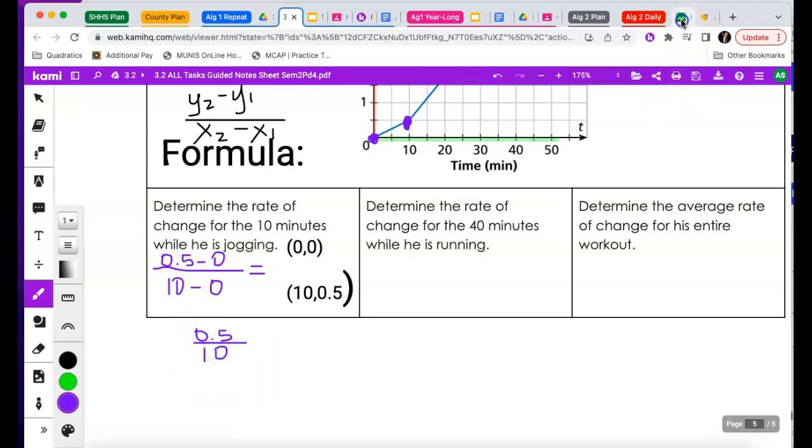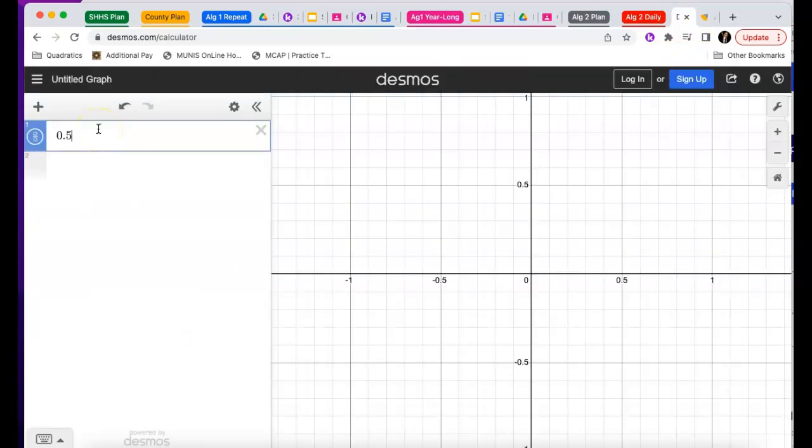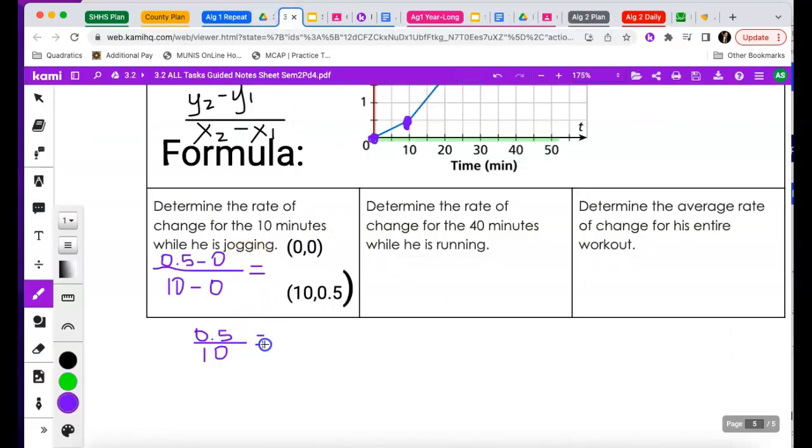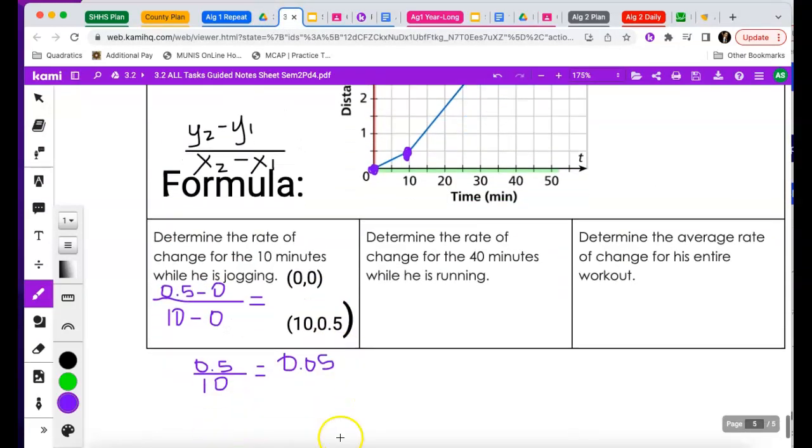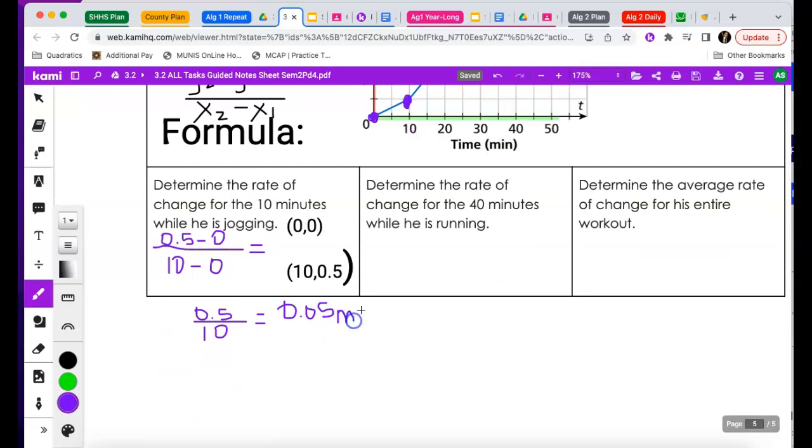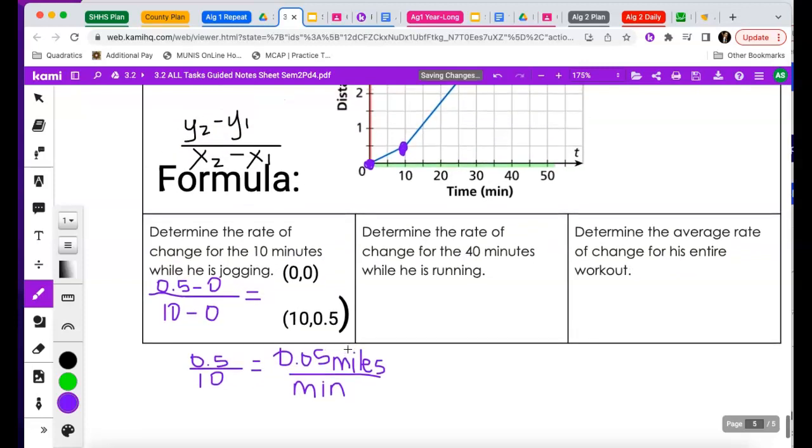So 0.5 divided by 10 is 0.05. And that is the change in y, so the miles per minute. So not very fast, we're just jogging at this point.